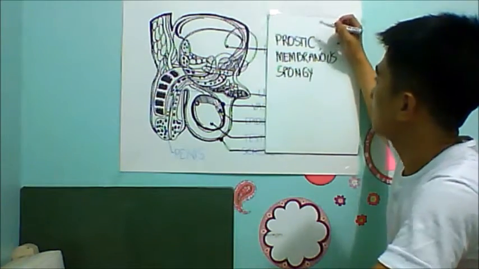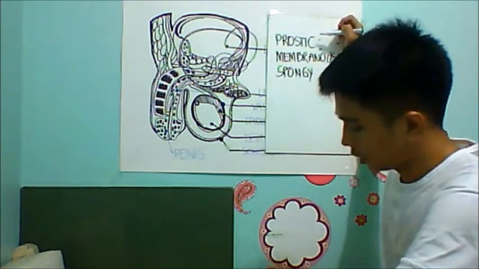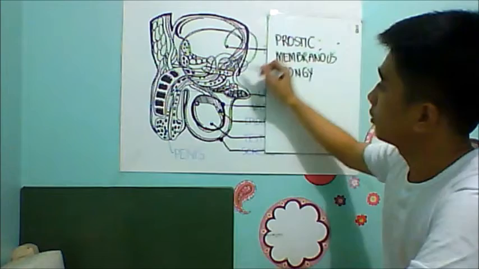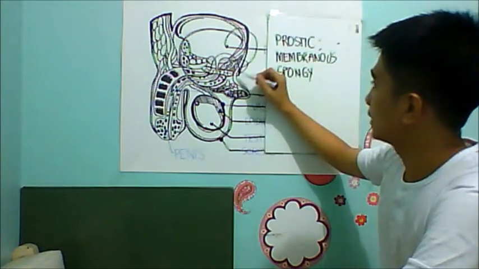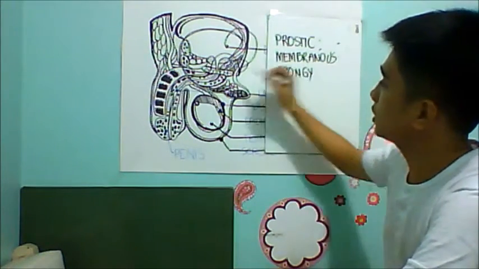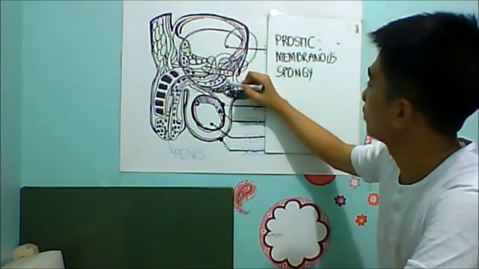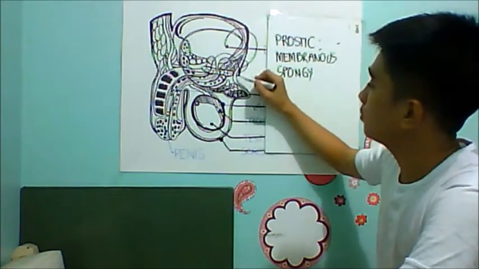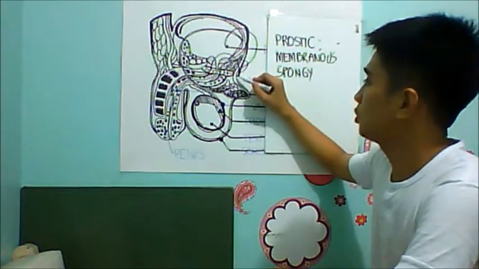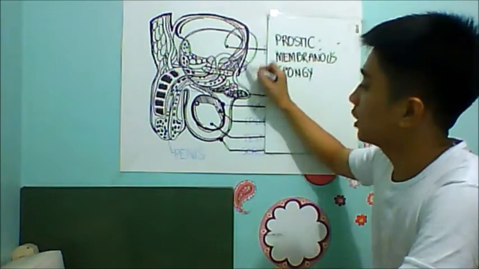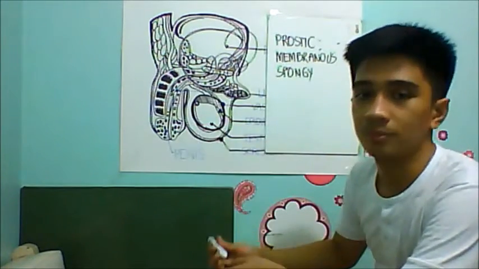The prostatic urethra extends from the bladder up to the prostate gland. The membranous urethra runs from the prostate gland up to the perineum, and the spongy urethra from the membranous urethra up to the length of the penis.